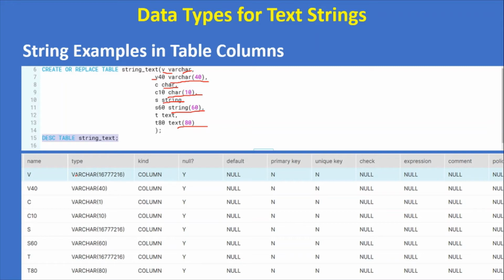The data type is varchar, and the length is whatever you have specified. If you don't specify a length for the varchar, it takes the default size. If you specify a length, it takes that much only, like the second one, which is 40. For the char column, I didn't specify any length, so by default it takes only one, and internally it is treated as character. These are the differences for the text strings.